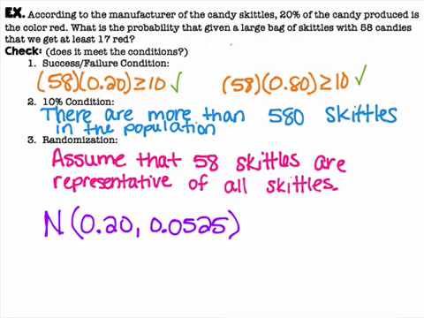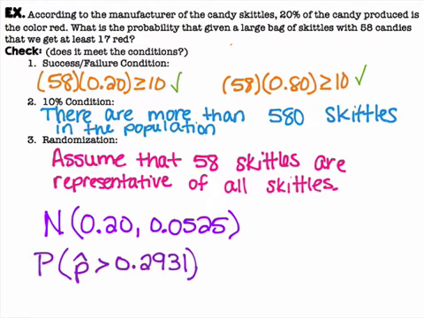Now that I know it's a normal model, I have the mean and the standard deviation, I want to know the probability that I get at least 17. So the probability that my sample proportion is greater than or equal to 17 out of 58. That would give me 0.2931, which I could plug into my calculator. I'm using a normal CDF, and I would get 0.0381, so about 3.8%.